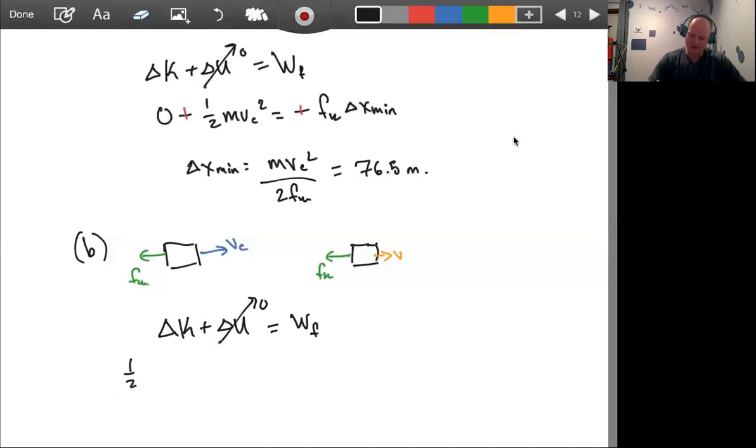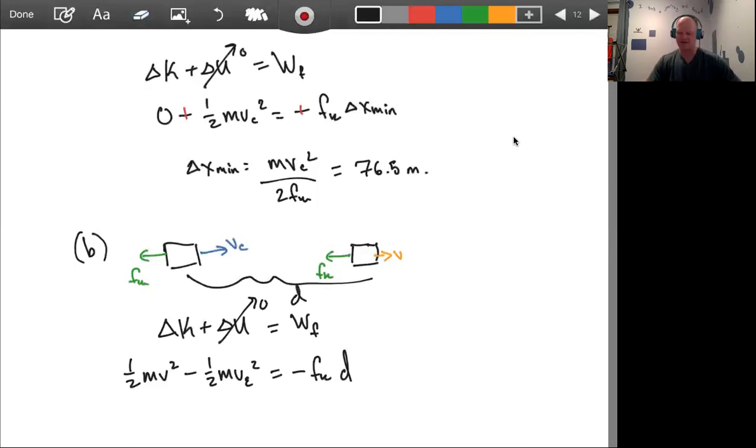Only difference now is I have 1/2 m v squared, where that's the final velocity, minus 1/2 m v initial car squared, is then equal to, again, negative of the friction force times, in this case, not x min anymore, but just that distance d. So this is the distance d between the truck and the car, the total distance over which the car traveled while the force of friction was acting on it.